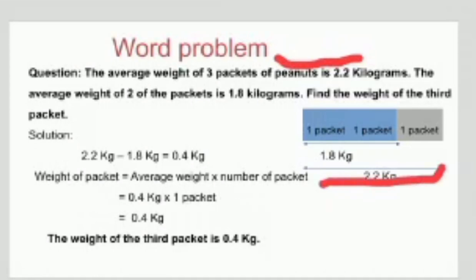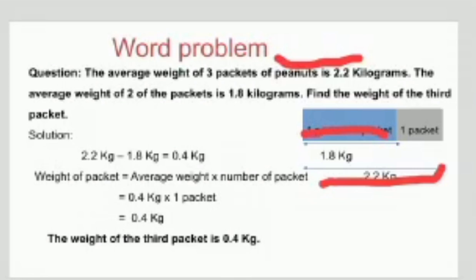So the average weight of 2 of the packets is 1.8 kilograms. Only 2 of them are of 1.8 kilograms. Now you have to find the weight of the third packet.